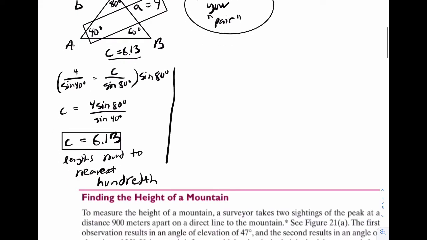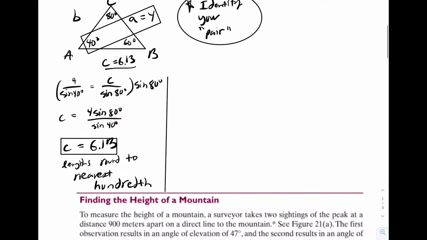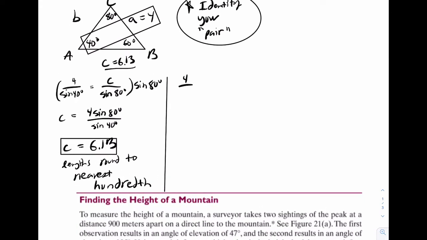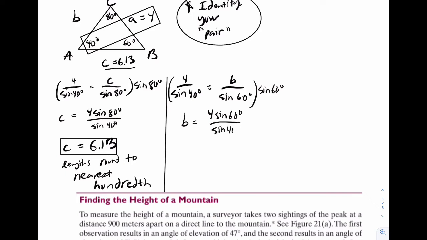And then all we gotta do is now find the other leg. So go back to your pair. 4 over sine 40 has to equal b over sine B, which is 60. Same thing, multiply by sine 60. So b must equal 4 sine 60 over sine 40.